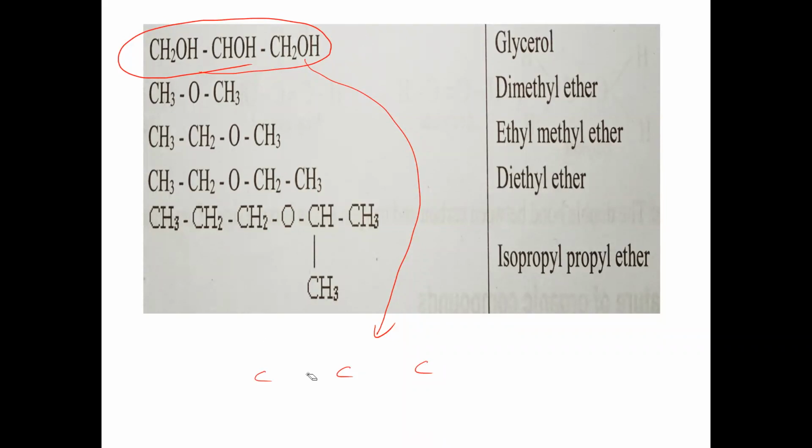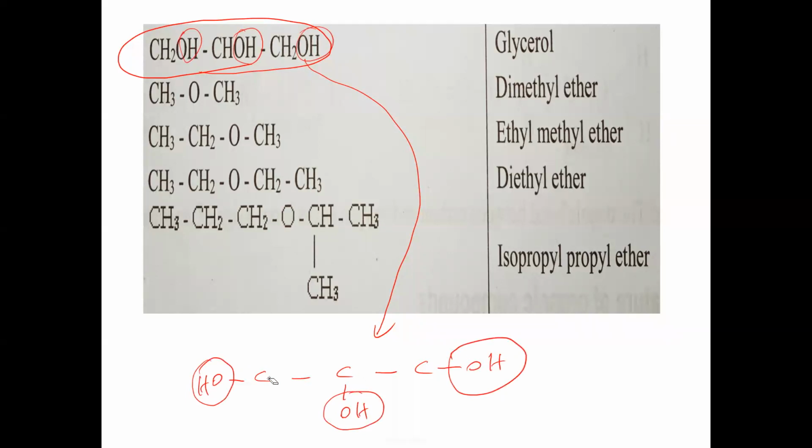No. When there is no double bond or triple bond, we have to keep all single bonds between carbon atoms. Then how many OH groups totally? 1, 2, 3 OH groups are present in this molecule. That's why you attach 1 OH group on this carbon, 1 on this, 1 on this. Attach 3 OH groups on 3 carbon atoms, 1 on each.